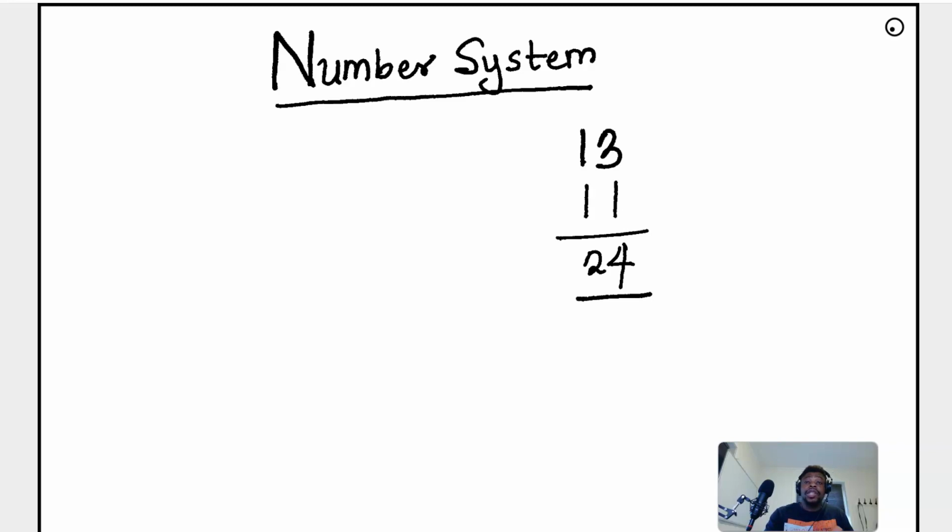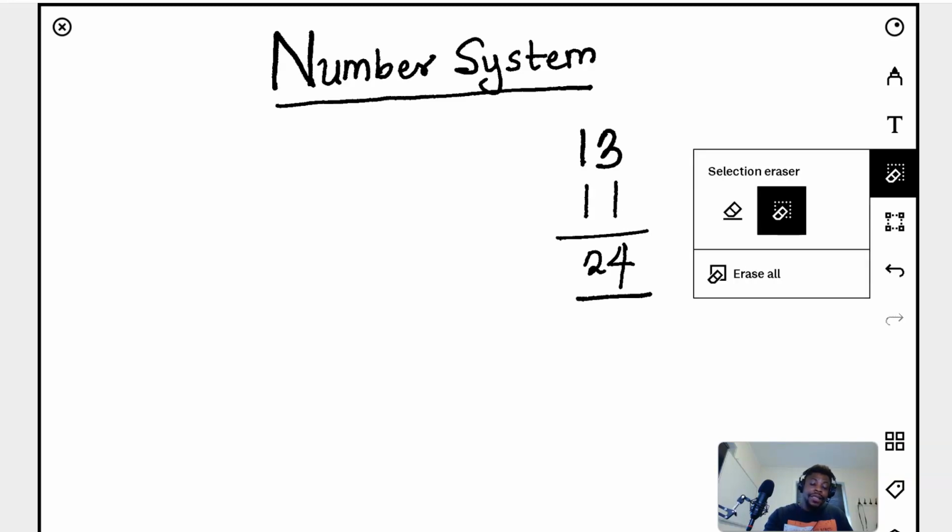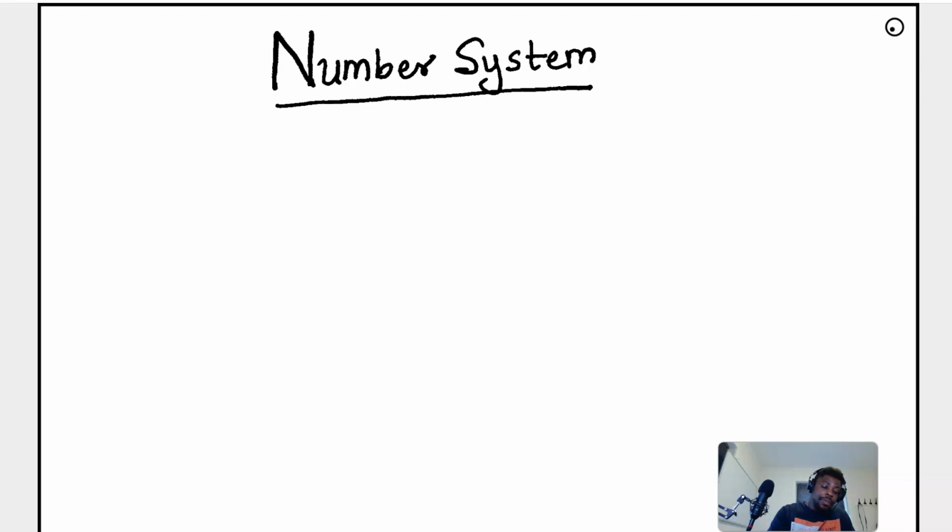Why? Because naturally numbers are in base 10. But because we are taking the topic number system, we are going to be checking all other bases apart from base 10.